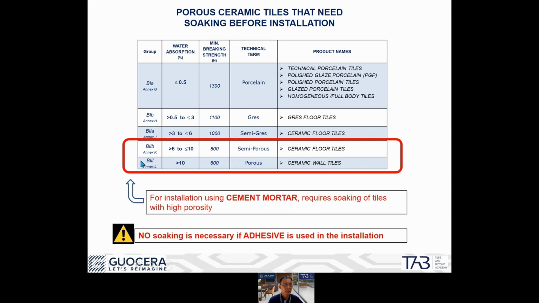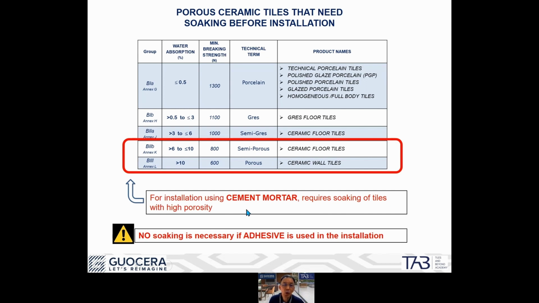For tiles with water absorption 6% and above, the tiles need to be soaked in water before installation. The reason is very obvious. If you don't soak the tiles in water and you apply the cement mortar to the tile back, the tiles will immediately absorb the moisture from the cement. Once there's no moisture, the tile is not going to bond very well onto the substrate.